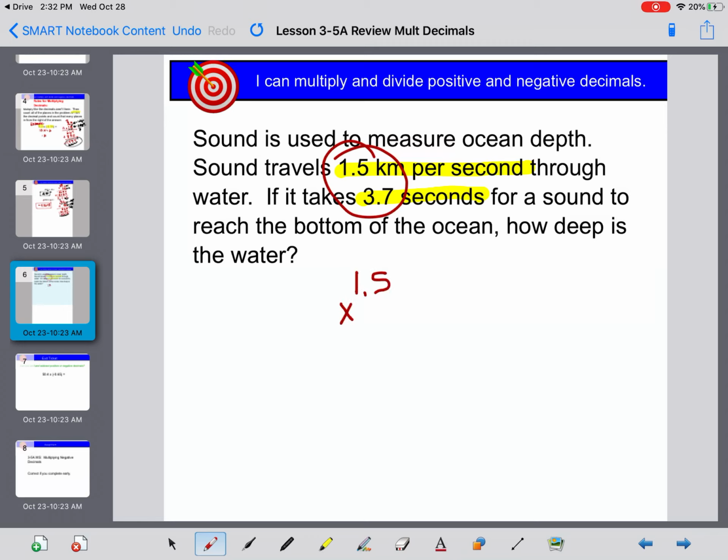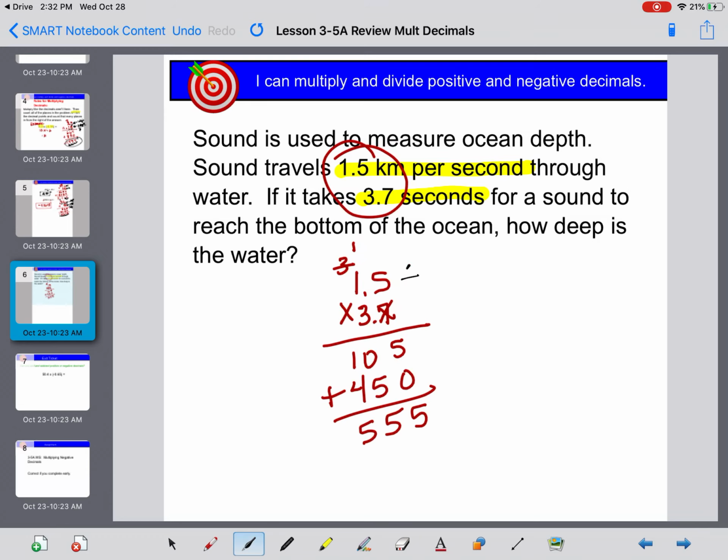1.5 kilometers for every 1 second, and there were 3 7/10 seconds. 7 times 5 is 35. 5 times 3 is 15. 3 times 1 plus 3 is 4. Then we're going to add these together.